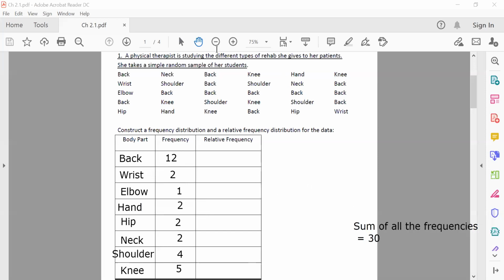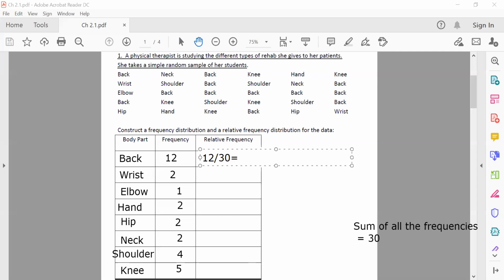So we're going to come into the relative frequency, and we're going to do 12 divided by 30. According to that formula up there, it's just the frequency in each category divided by the total number.